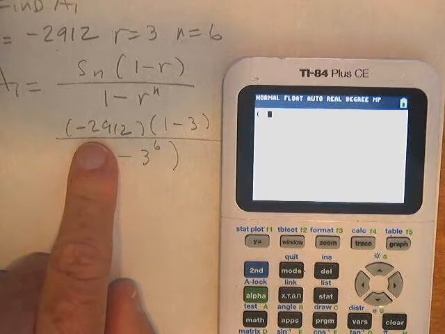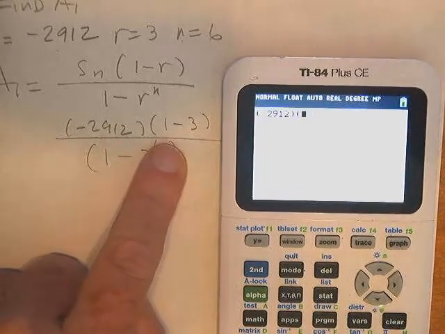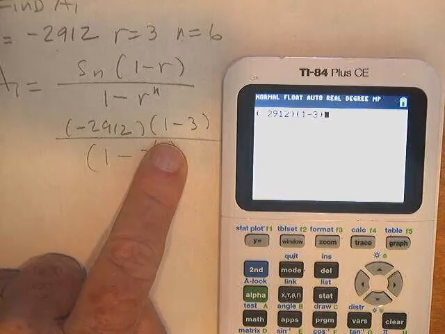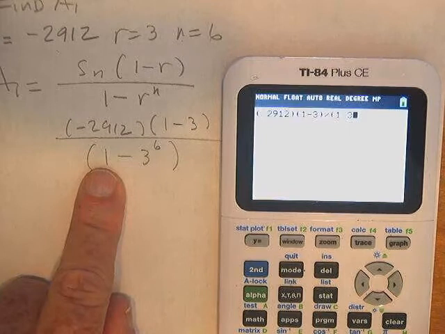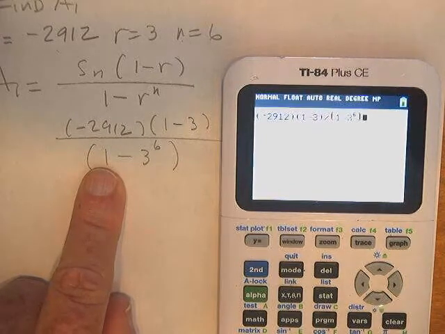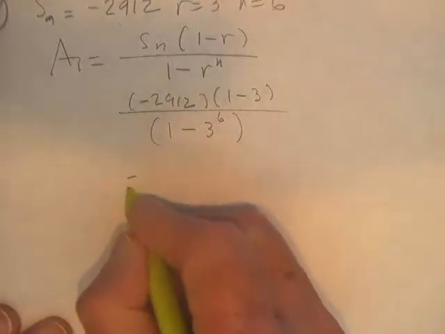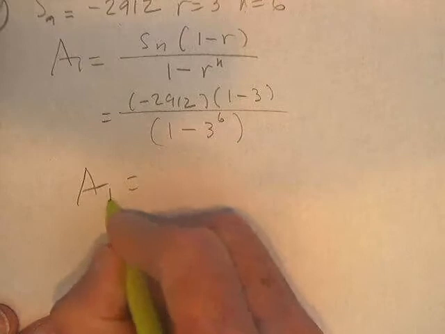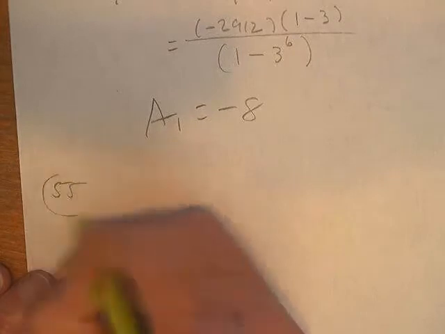Let's see, negative 2912, close it, open it, 1 minus 3, close it, divide by, open it, 1 minus 3 to the 6th, close it, answer negative 8. And that's the correct answer, and then maybe 55, and then we'll show you the problems.